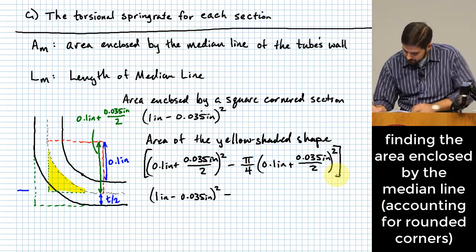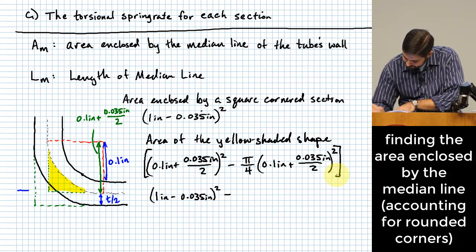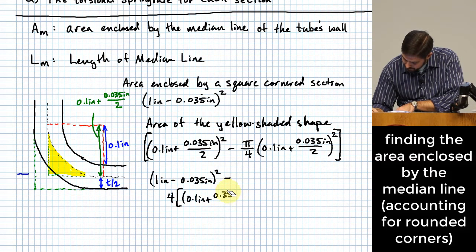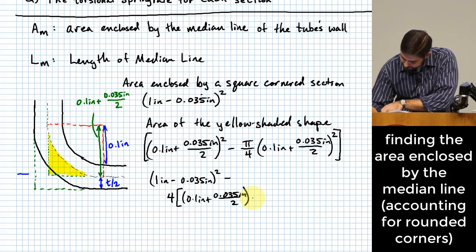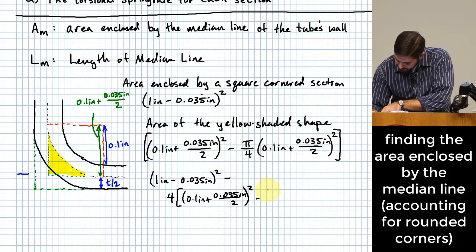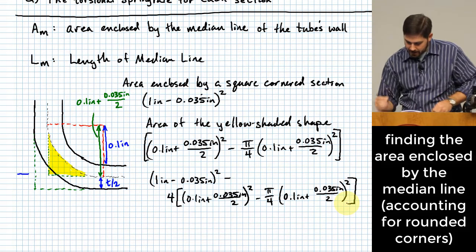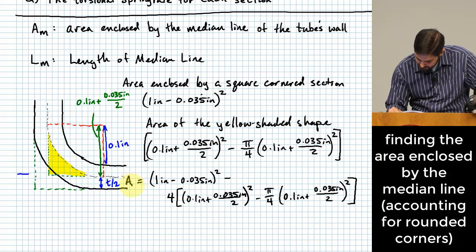So I'll subtract off 4 times, I'll do that in another row down here, 4 times this 0.1 inch plus 0.035 inches over 2, squared, minus pi over 4 times 0.1 inch plus 0.035 inches over 2, squared. And this is A sub m.